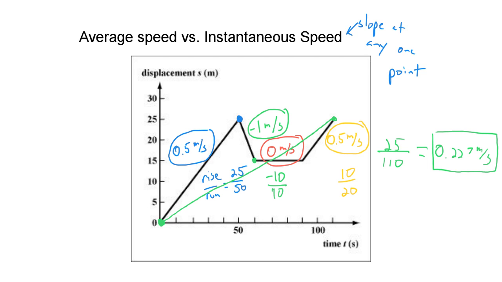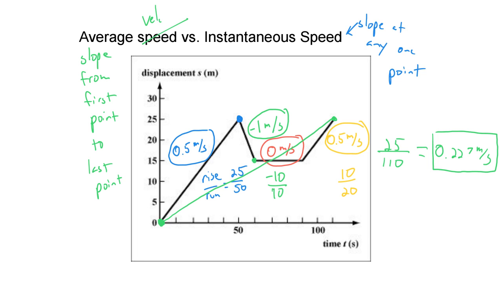All right, so the average speed is the slope from first point to last point. That really should be average velocity.